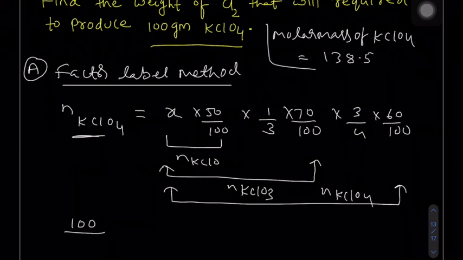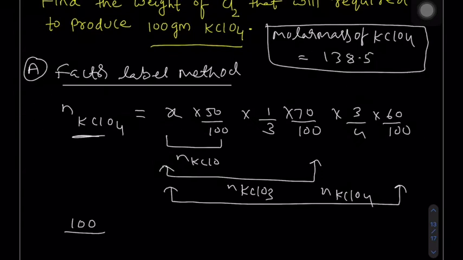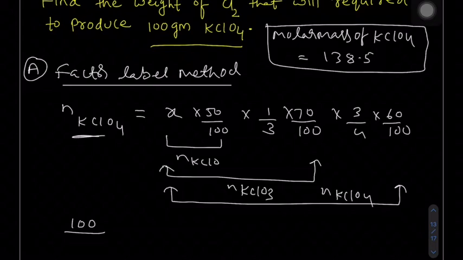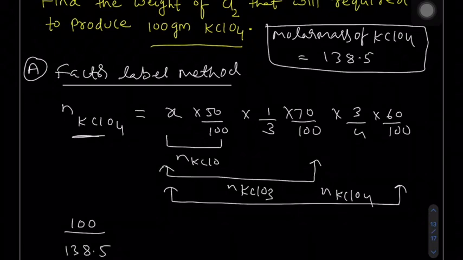How to calculate the molar mass? Sum of the atomic masses. Potassium atomic mass we know is 39, chlorine atomic mass 35.5, oxygen atomic mass 16. Now the molar mass will be 138.5.